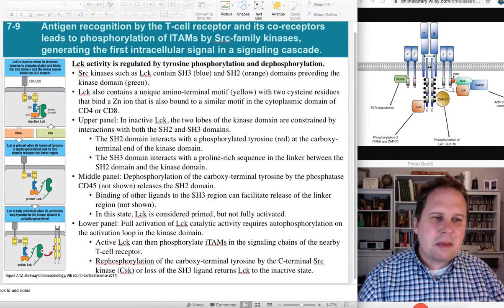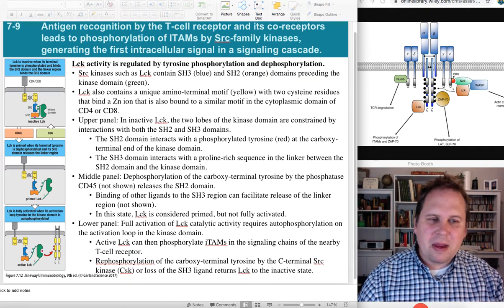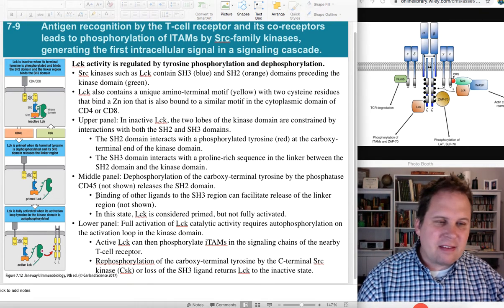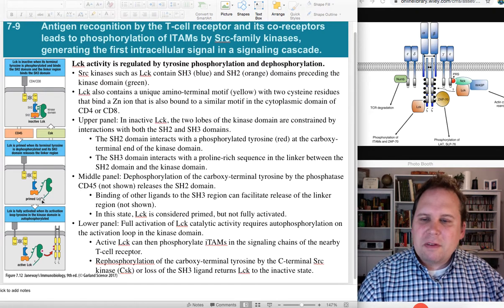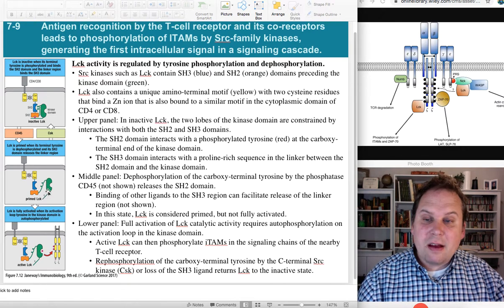So there are different types of CD45, but I believe they both come in with the right equipment on the bottom. So CD45 has a phosphatase attached to it, and CD45 will take off the phosphate from LCK if it's there. And once that is taken off, now the kinase domain can work.